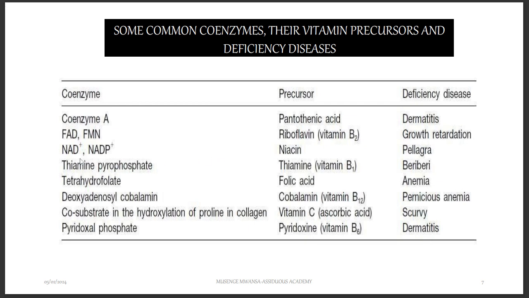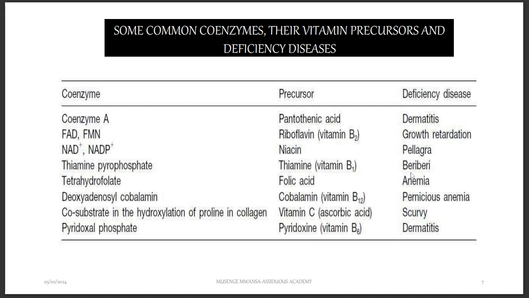And then you also have thiamine pyrophosphate. Thiamine pyrophosphate is a coenzyme which comes from thiamine, which is vitamin B1. They can actually ask you the deficiency of vitamin B1 will cause a lack of what coenzyme. So if you don't have vitamin B1, you are going to lack thiamine pyrophosphate, and it means the condition you are going to have is beriberi. Take note of this at least, okay?